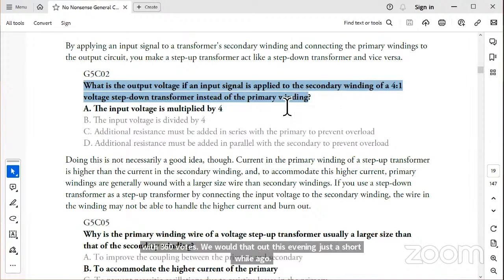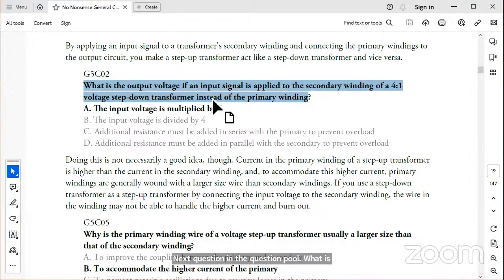Next question in the question pool. What is the output voltage if an input signal is applied to the secondary winding of a 4-to-1 voltage step-down transformer instead of the primary winding? Okay, so remember, this is a case where we have a step-down transformer, but we are applying the input to what is normally the output, which is the secondary, right?